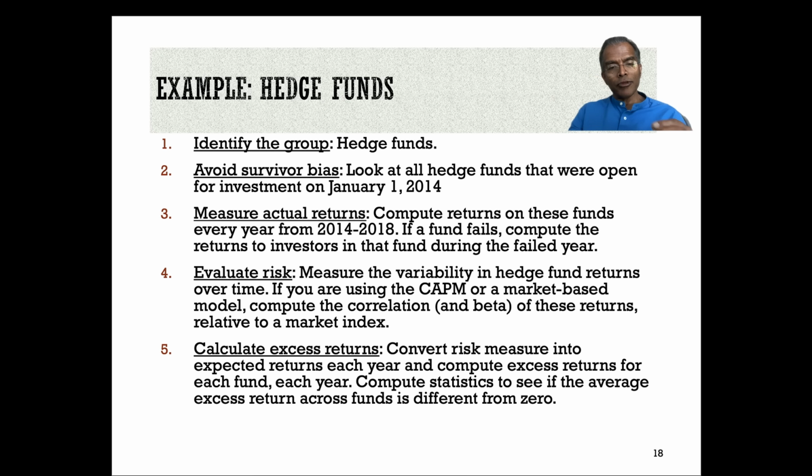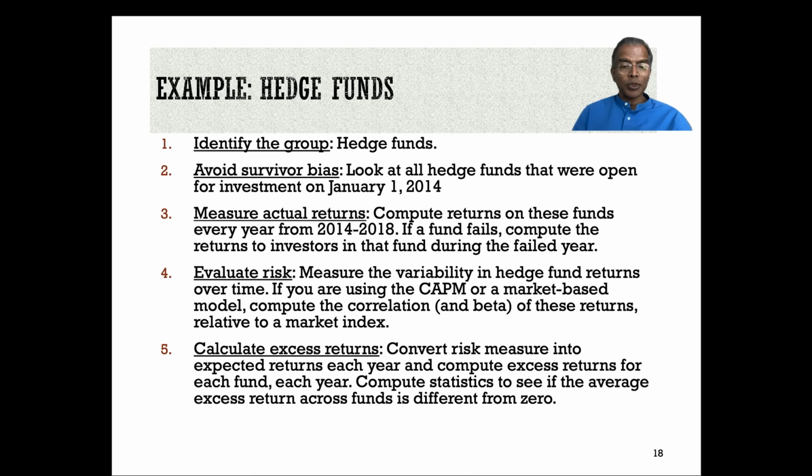Then you look at the risk in these funds, either based on pre-2014 data or even post-2014 data. And if you're using any of those risk adjustments, the Sharpe ratio, the Treynor index, you also adjust for the expected return you'd have expected to make on these funds given the risk. And you calculate the excess returns. Ultimately, the statistical test you're asking is, are those excess returns greater than 0 by enough for me to conclude that hedge funds beat the market?